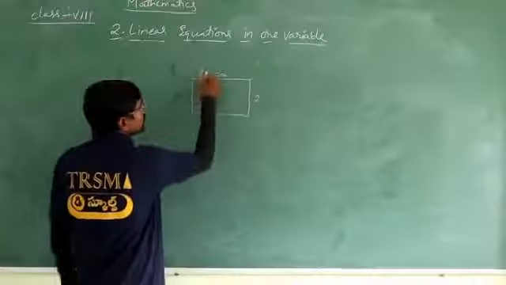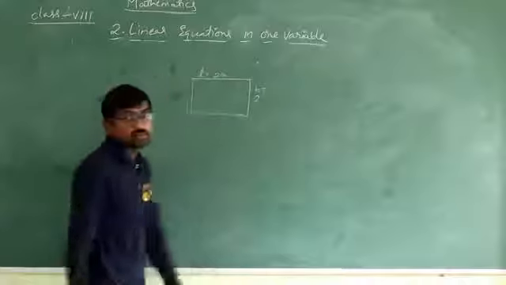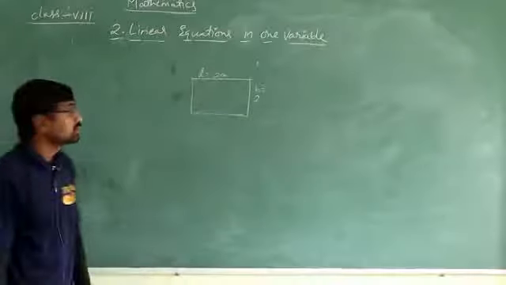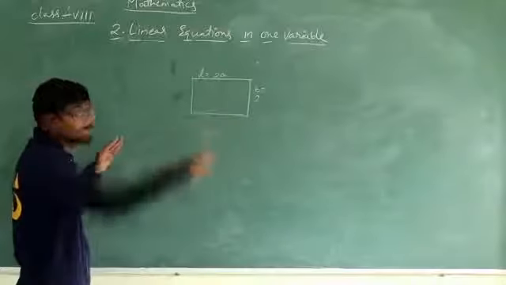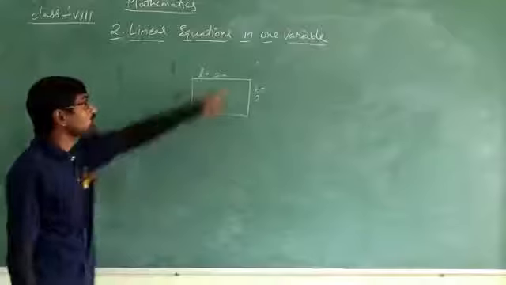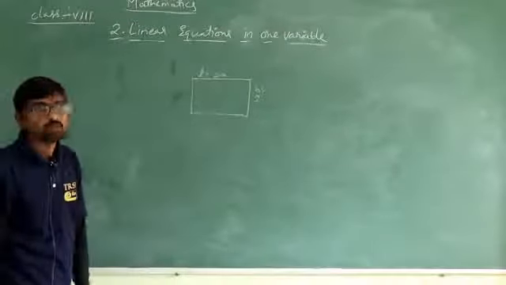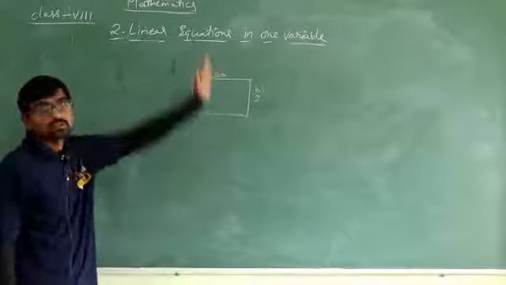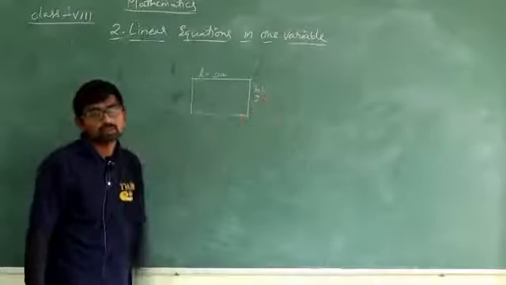L is length and B is breadth. Always remember one thing: the line which is longer in the rectangle is called the length, and the line which is shorter is called the breadth. Longer is length, shorter is breadth. We can take this as width also.